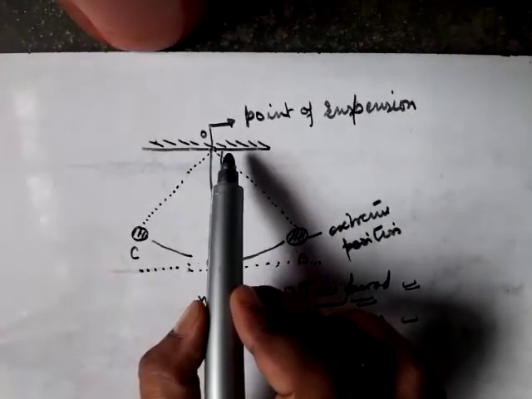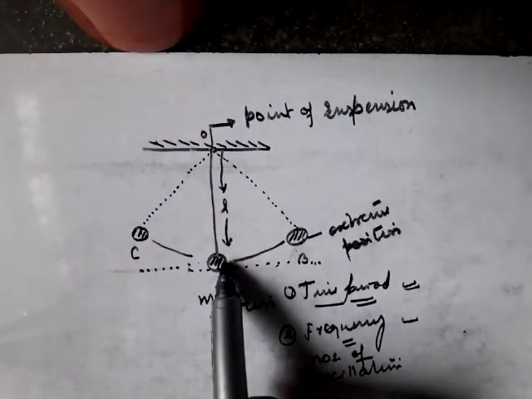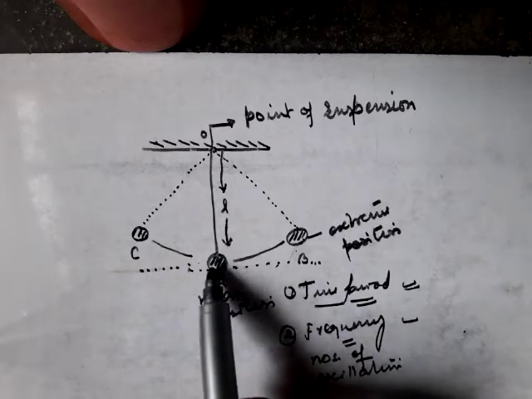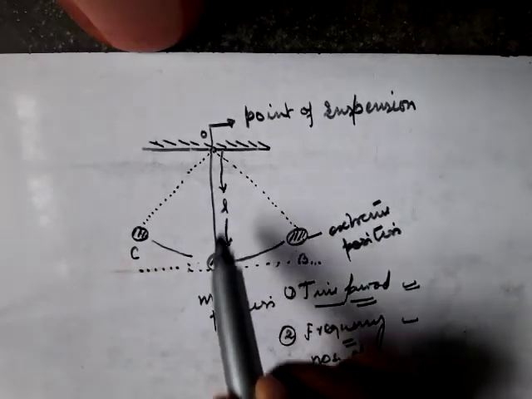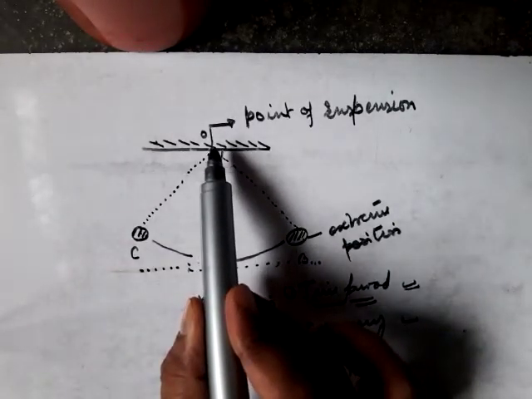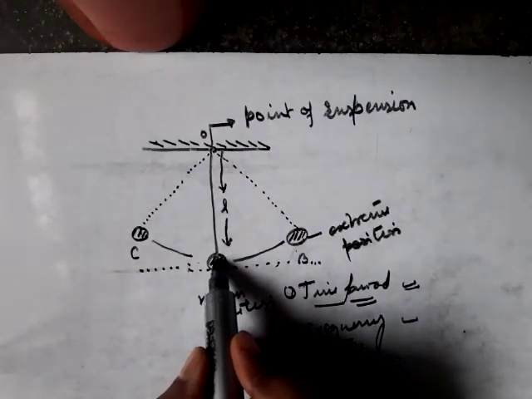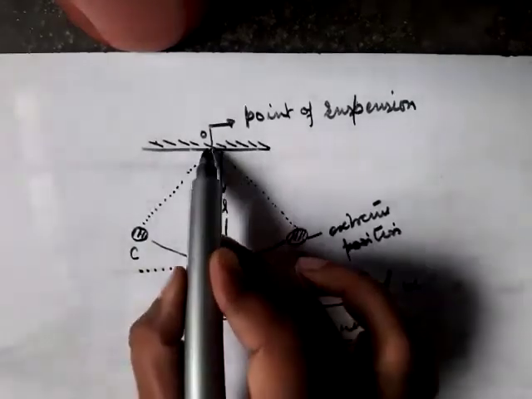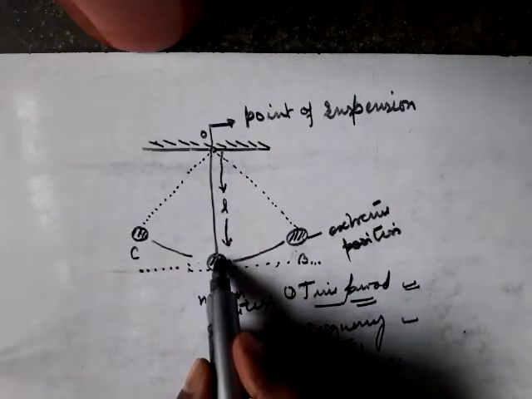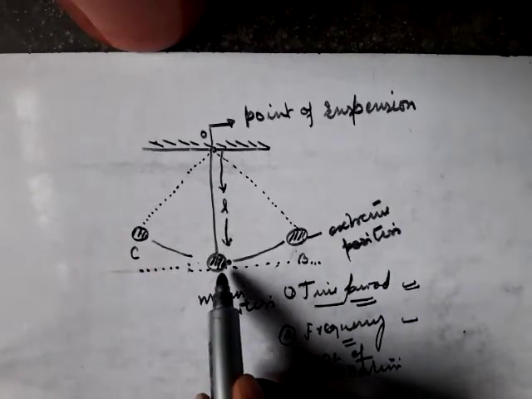The effective length is defined as the length between the point of suspension and the center of gravity of the bob. The center of gravity acts at the middle point of the bob, here. So the total distance between the point of suspension and the center of gravity of the bob is what we call the effective length.